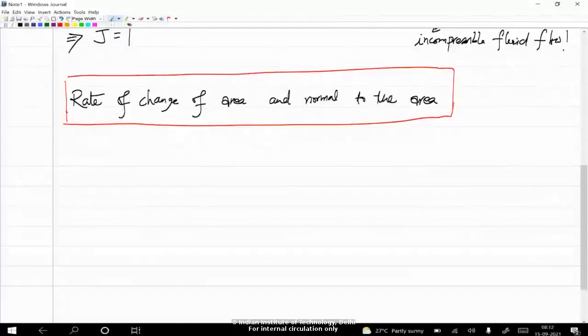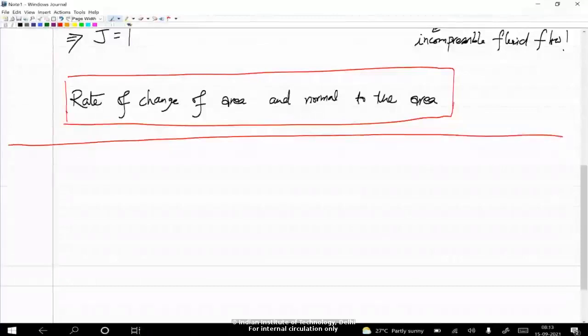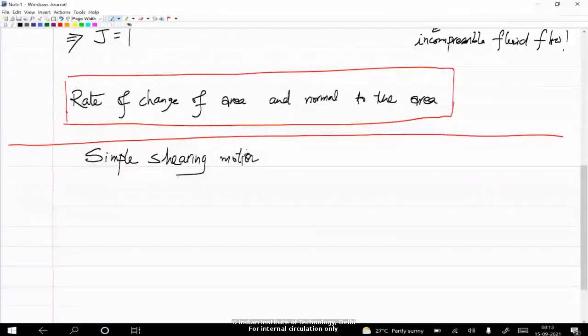Okay, if there is no question, then let me work out an example. And this is something which you guys are already familiar with, this example. So let's talk of simple shearing motion. And we have already seen this example.